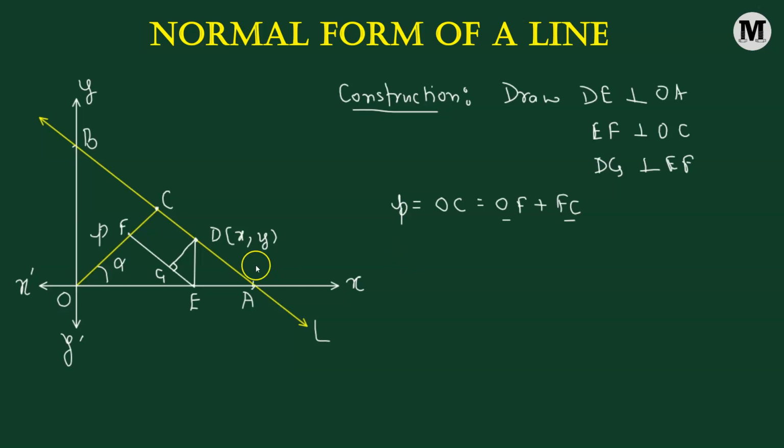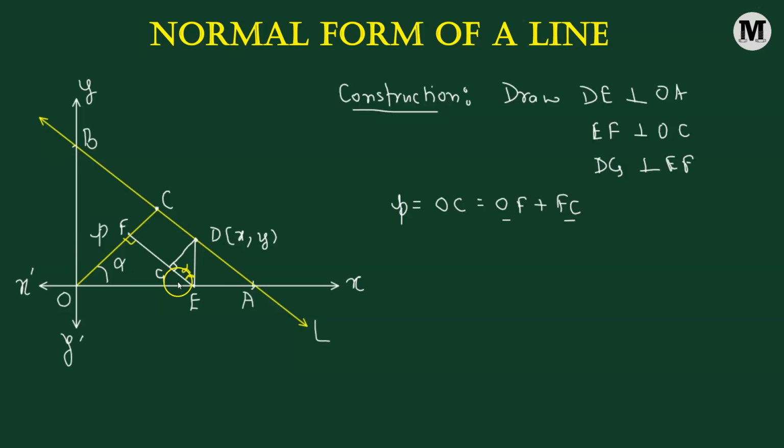So first, we're going to consider triangle DEG. In this triangle DEG, this angle GED, or angle DEG, is going to be alpha. Why is it alpha? That's very simple to understand, because if we consider the triangle OFE, clearly angle FOE is alpha and angle OFE is 90 degrees.